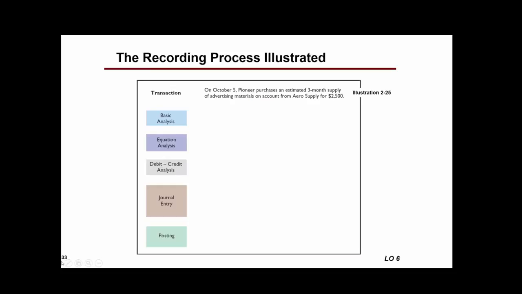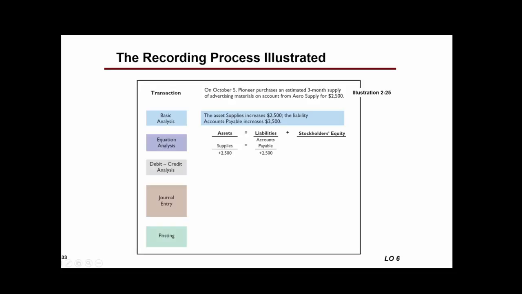When they say on account, it's accounts payable. If they are providing services and instead of receiving cash, they perform services on account, that will be accounts receivable. In this case, it's accounts payable. And the other account is? Yes? The asset. Which asset? Supplies. So we know that supplies have increased by $2,500, and the liability accounts payable also increased by $2,500.